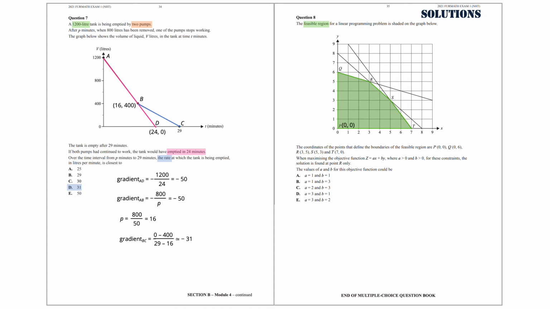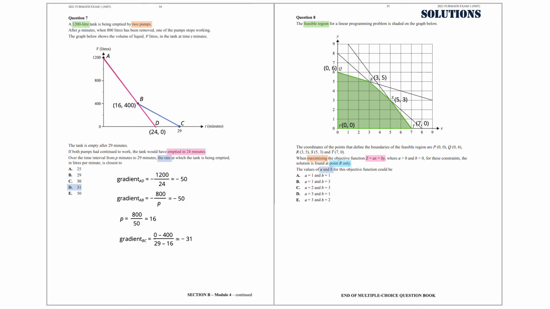Therefore, p is 800 divided by 50, which is 16. So the coordinates of B are (16, 400). Therefore, we can now calculate the gradient of BC, which is (0 minus 400) divided by (29 minus 16). That is approximately negative 31. So the answer we are after is option D.